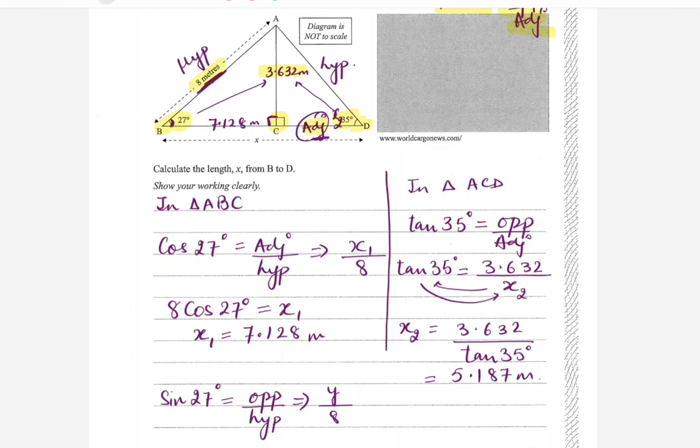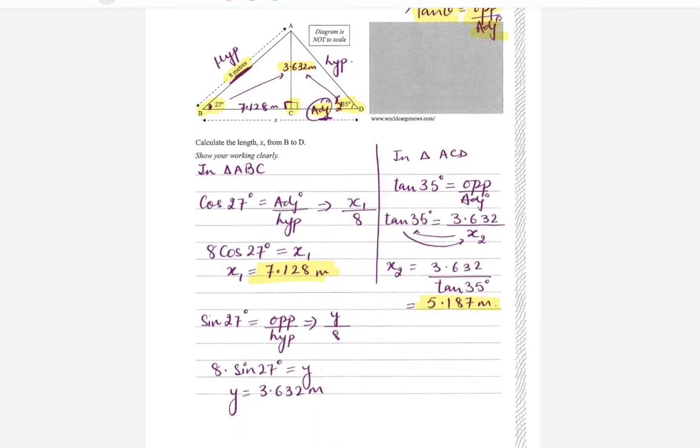Now that is x2. So we have x2 here and x1 here. And the total value of x is x1 plus x2. So x1 plus x2 is equal to the total value of x that we had to find, or it is BD.